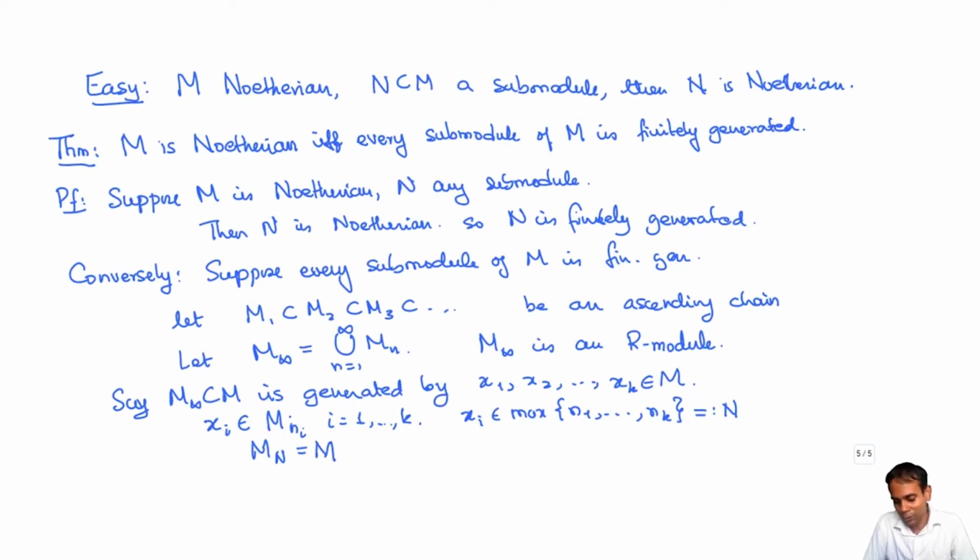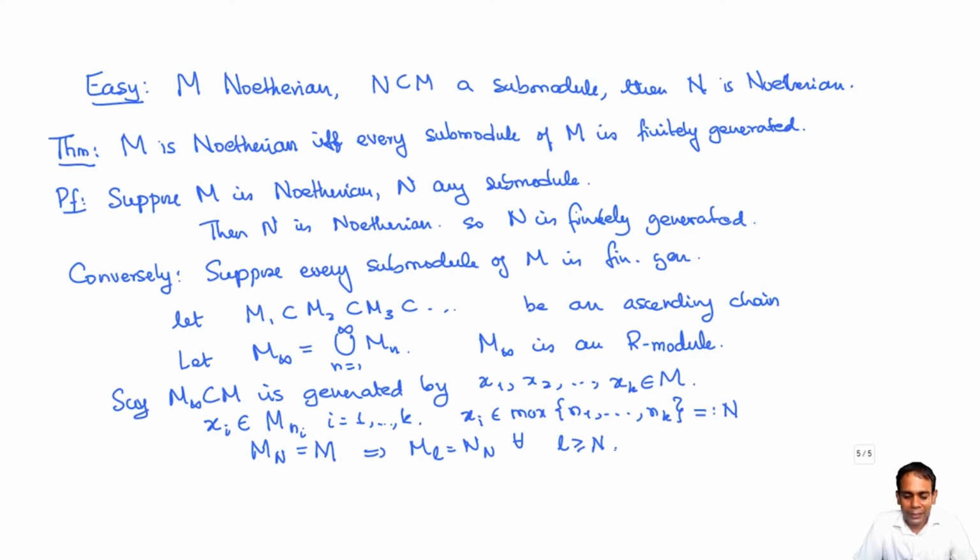So Mn must be equal to M infinity, because that's the smallest R module containing x1, x2, ..., xk, which means that Ml is equal to Mn for all l greater than or equal to n.